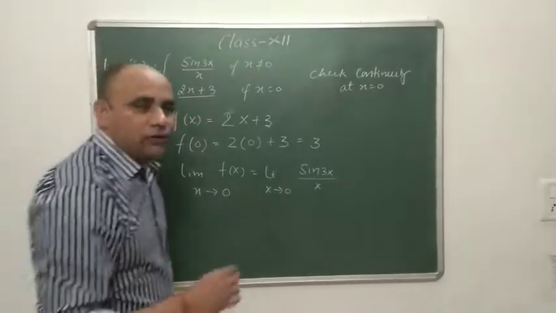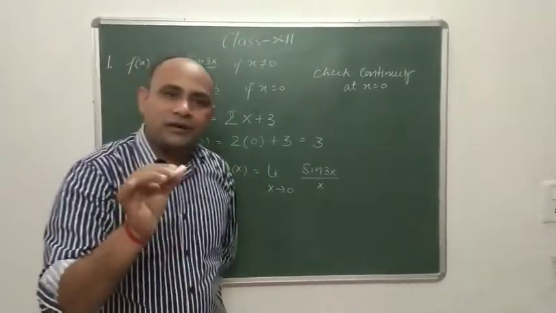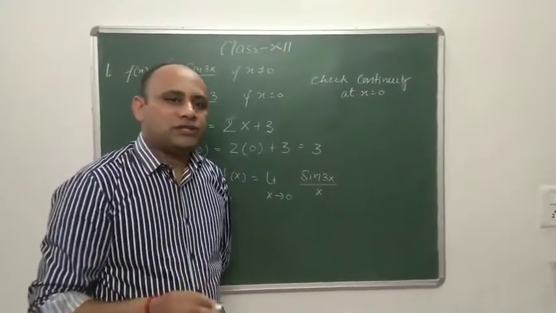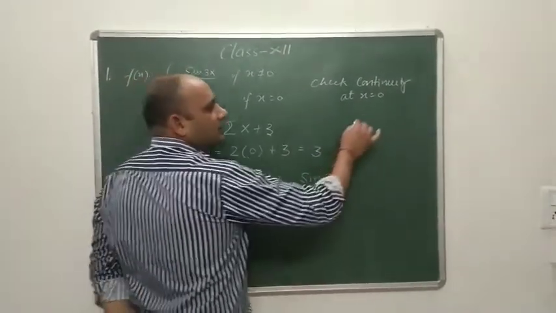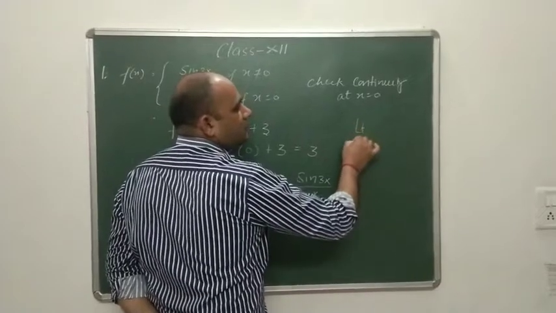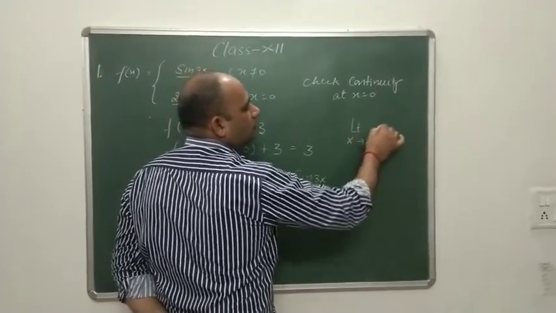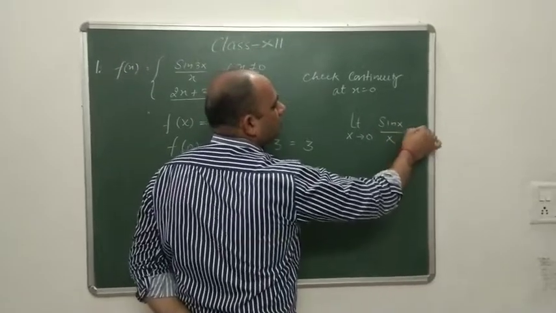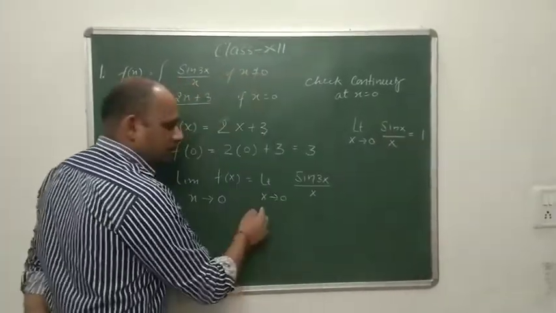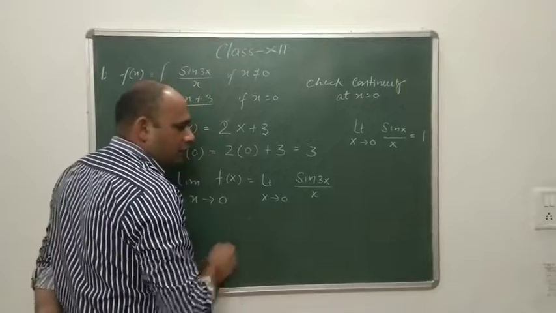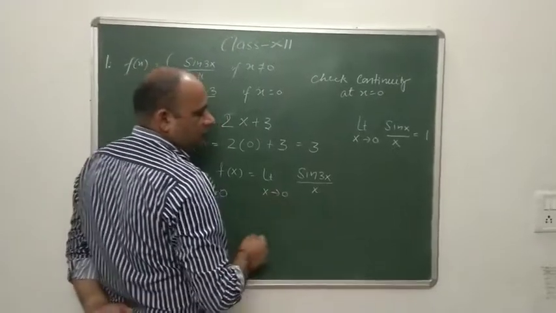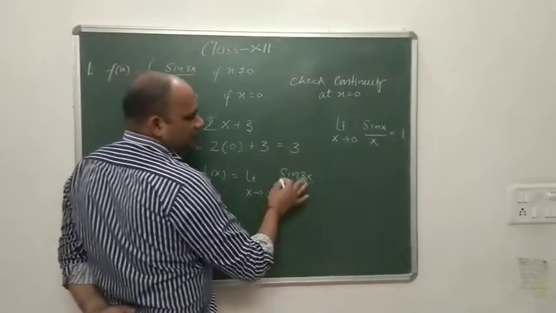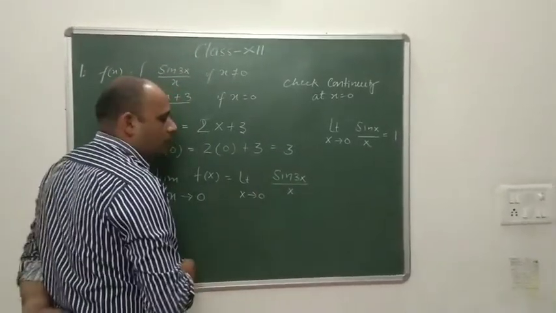In plus 1 we have discussed the sandwich theorem. By using the circular system we have proved that limit x tends to 0 of sin x upon x is equal to 1. Same here, if we put 0 directly it is not possible, it becomes a 0 by 0 form.